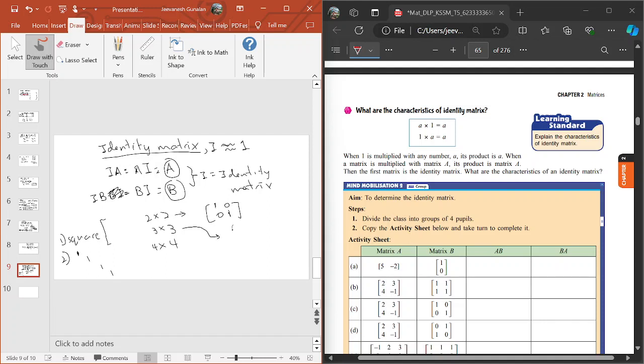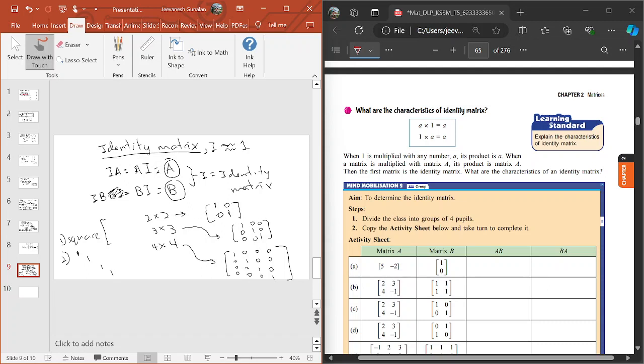For 3 by 3 it will be 1 1 1 diagonally, and 0 elsewhere. And 4 by 4 looks like 1 0 0 0, 0 1 0 0, 0 0 1 0, and 0 0 0 1. So it's predetermined how the identity matrix looks.